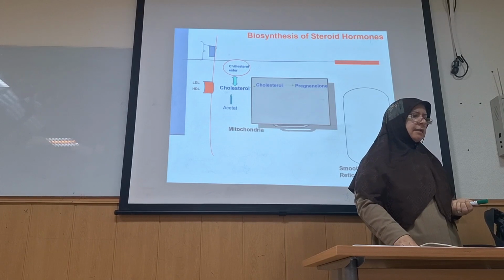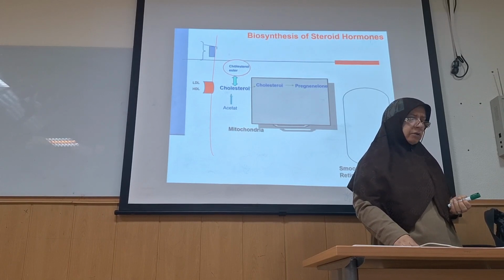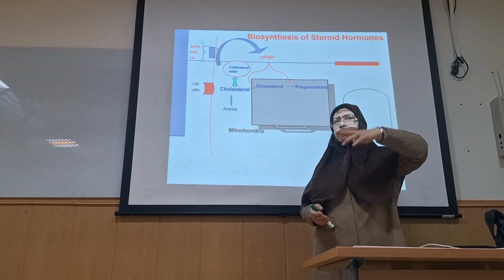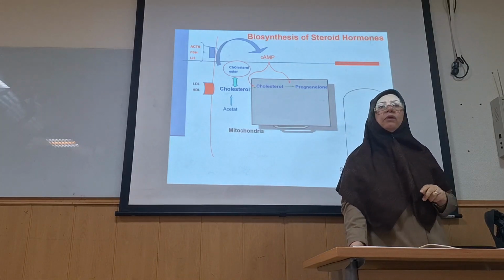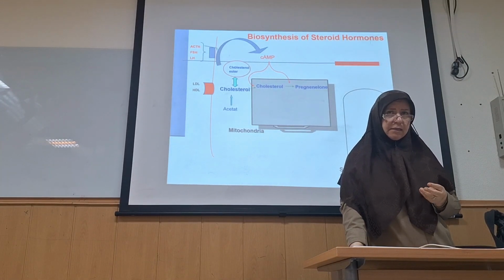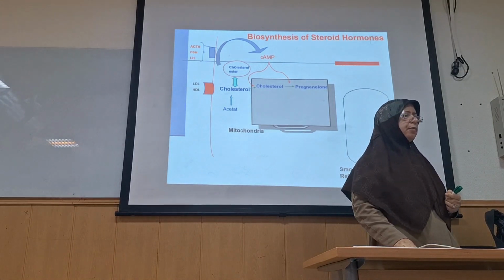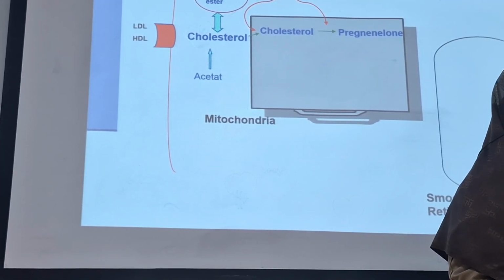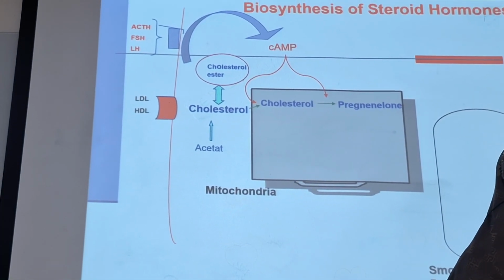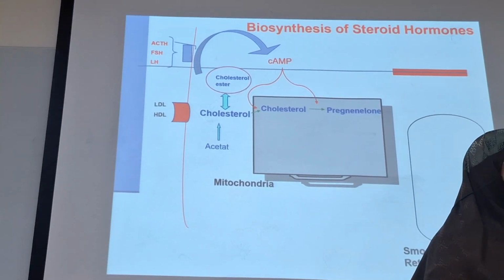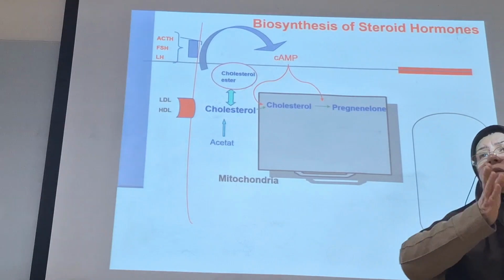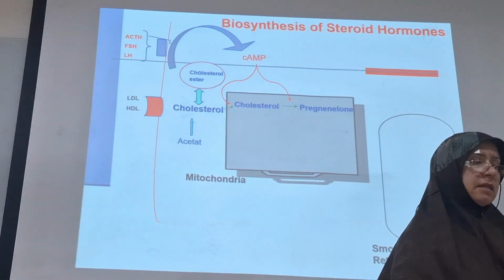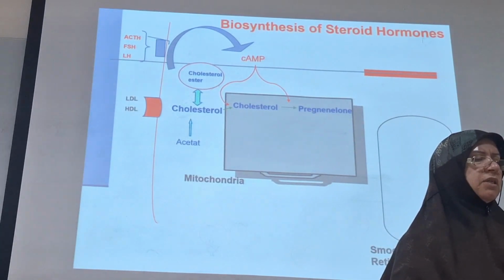When these cells are activated by a stimulator, for example ACTH for the adrenal cortex, FSH and LH for the ovaries and testes, these hormones bind to the receptor on these cells, initiate a signaling pathway and increase cyclic AMP, and cholesterol ester is converted to cholesterol. Cholesterol diffuses into the mitochondrial membrane. Inside the mitochondria, cholesterol is converted to pregnenolone.